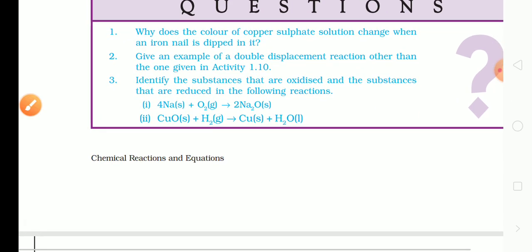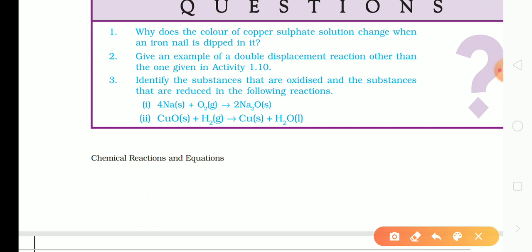Identify the substances that are oxidized and the substances that are reduced in the following reactions. Sodium reacts with oxygen to form sodium oxide.